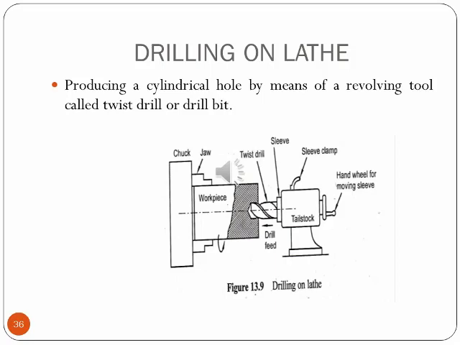In this operation, the workpiece is revolving at desired speed. The workpiece is held in the headstock in either a 3-jawed or 4-jawed chuck, and it will be revolving, and the drill is held in the tailstock drill holder or the drill chuck.